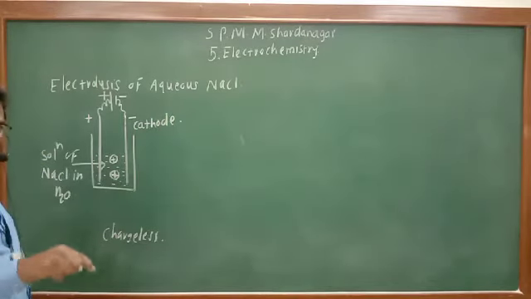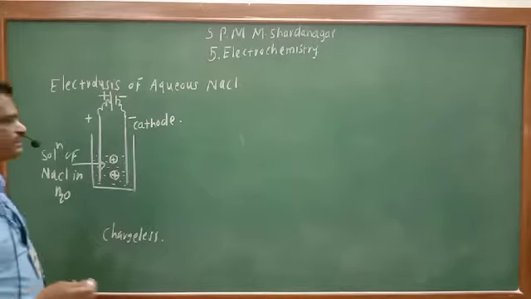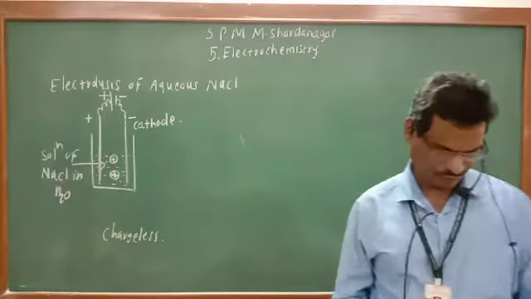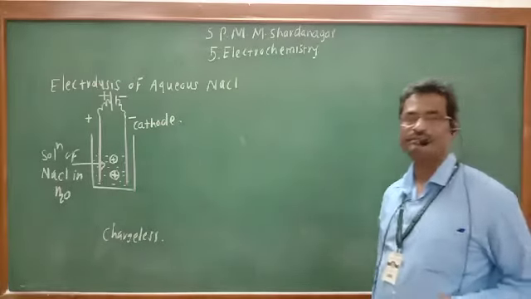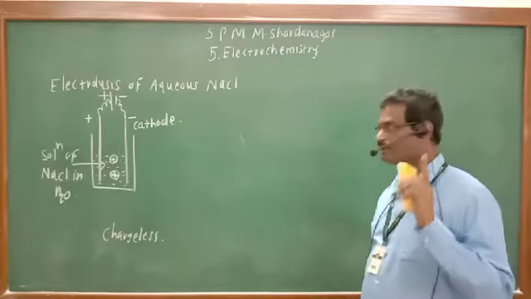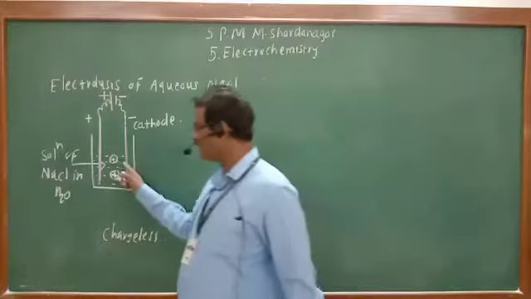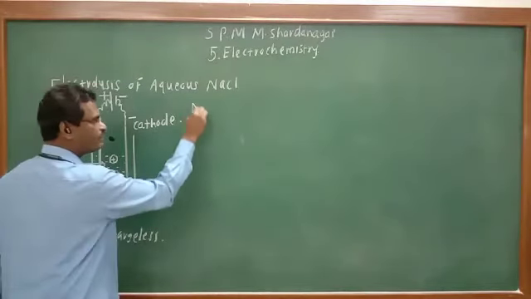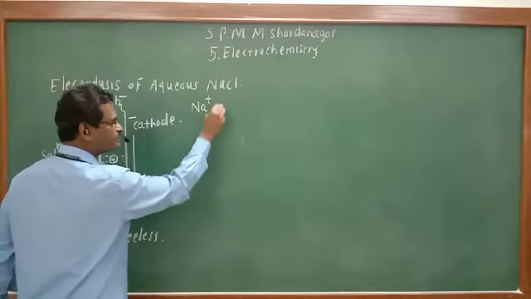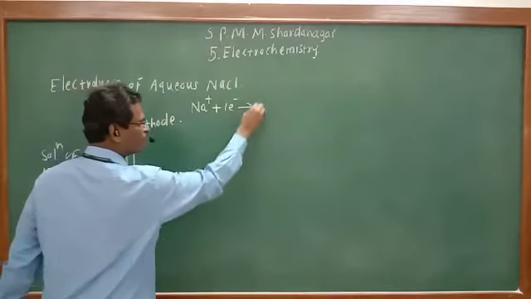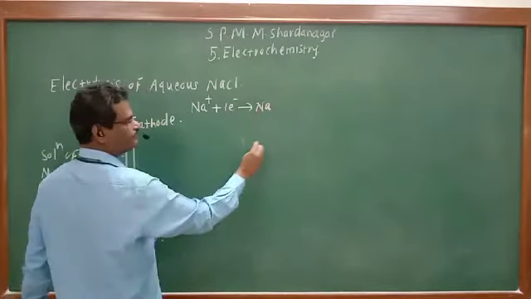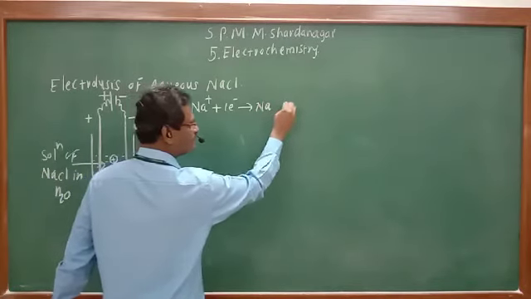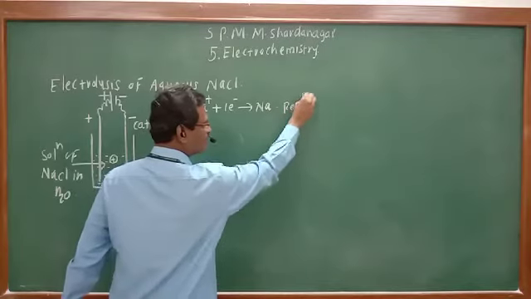Now let us see which ions will become successful in undergoing reduction. When Na+ ions are attracted here, they will accept an electron: Na+ plus one electron gives neutral Na. This is the reduction reaction.